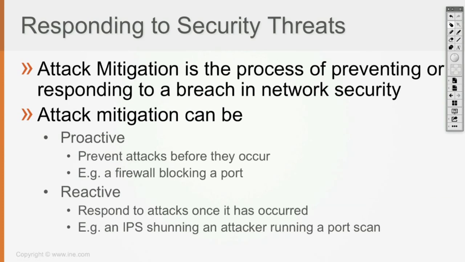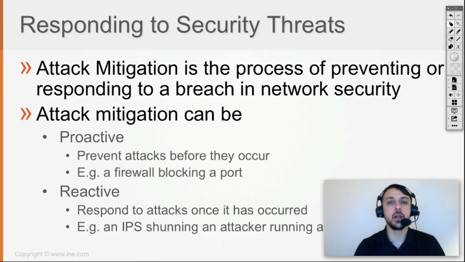And the other type is called reactive, which means that those kinds of tools respond to attacks either once the attack has occurred, or as it is occurring live in the network. An example could be an intrusion prevention system which shuns an attacker running a port scan. So for example, you have allowed specific access in your network from the internet, but somebody scans your network to identify which ports are open. We're going to speak about scanning in greater detail.